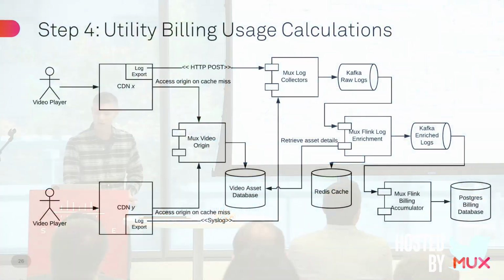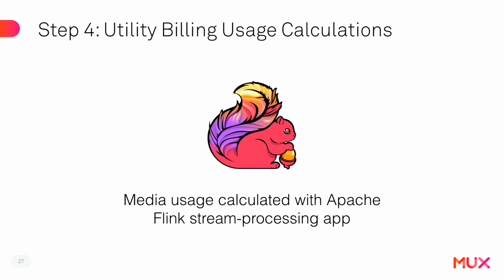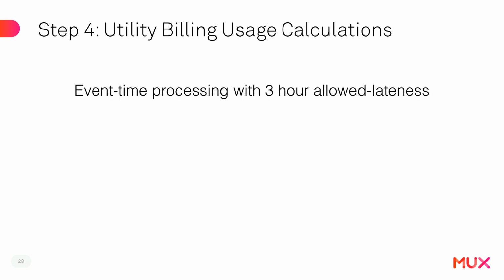So lastly, utility billing usage calculations. We've got a second Flink app that reads these enriched log records from the enriched logs Kafka topic. It uses event time processing to assign a log record to a 1 hour window that covers the time of the request when it was made.